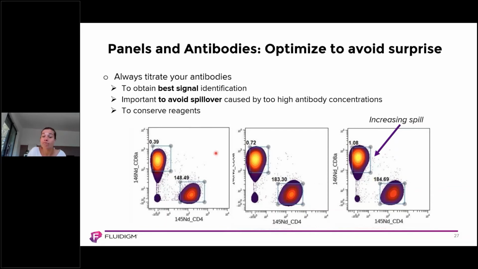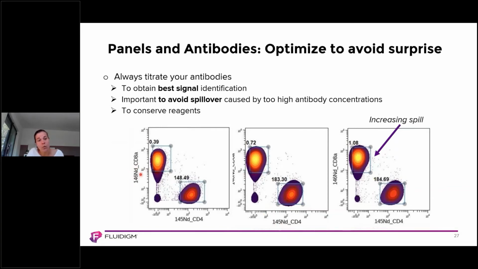So you will have the best signal and you will have less spillover. As you can see here, for the CD8, for example, you have 3 different concentrations, and when you increase your concentration, you also increase your spillover in the -1 channel.